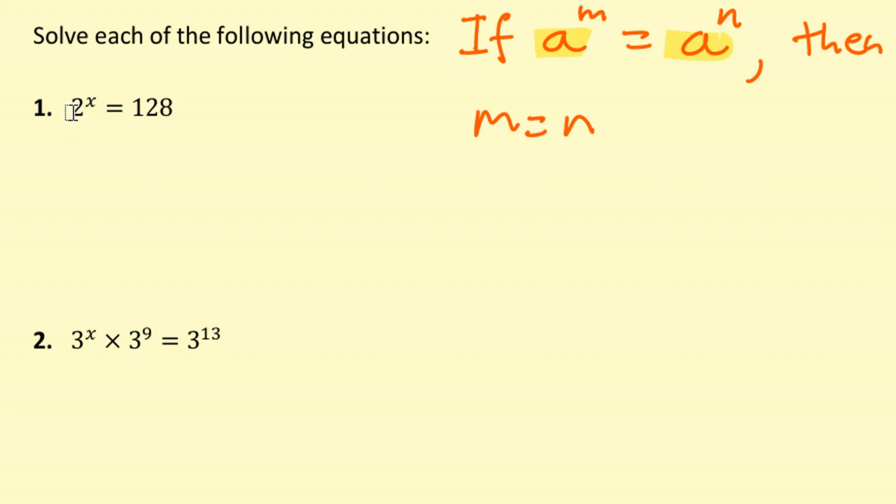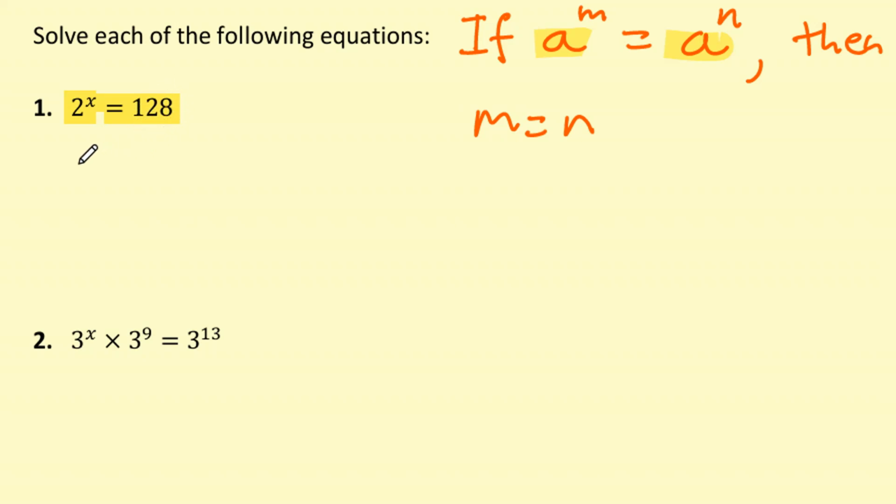So in the first equation here, we need to solve for x, and we are told that 2 to the x equals 128. We want to be able to use this exponential law, so we want to make the bases the same on both sides. The base is 2 on the left-hand side, so we want a base of 2 on the right-hand side as well.